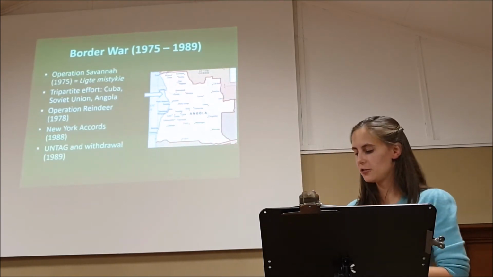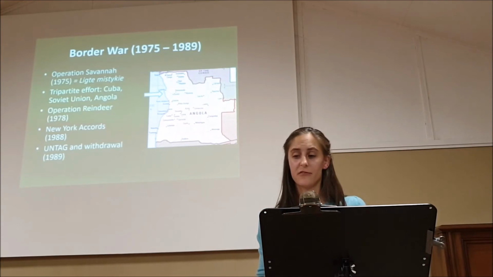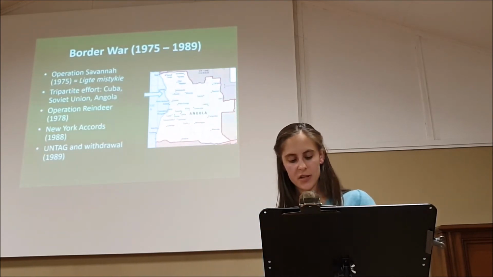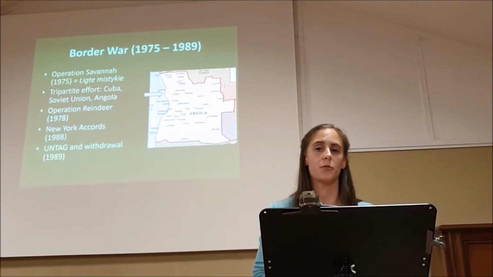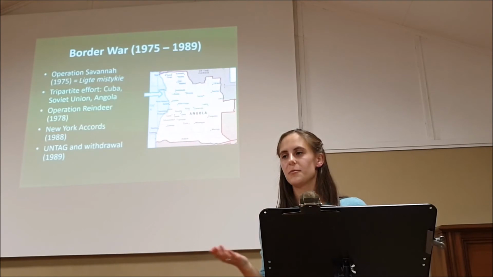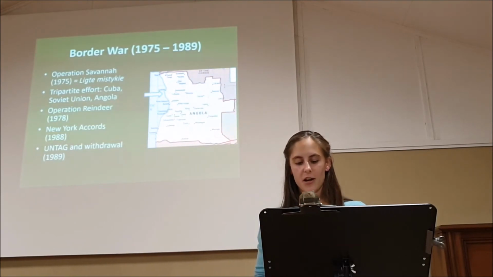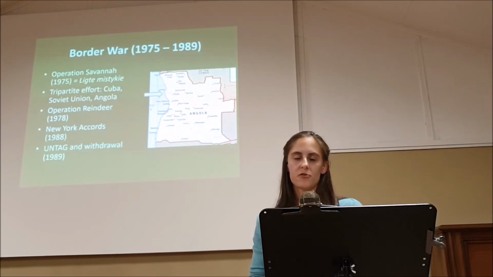The Soviet Union provided weapons and advisors, military advisors, while Cuba, which if you will remember, it was also communistic, provided instructors, soldiers basically, and the number of Cuban soldiers rose dramatically.